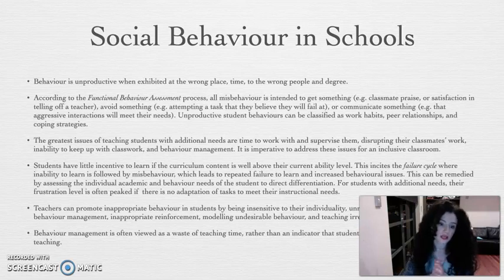This can be remedied by assessing their individual academic and behaviour needs. For children with additional needs, their frustration level is often peaked if there is no adaptation of tasks to meet their instructional needs.